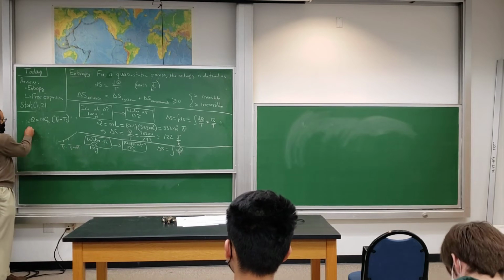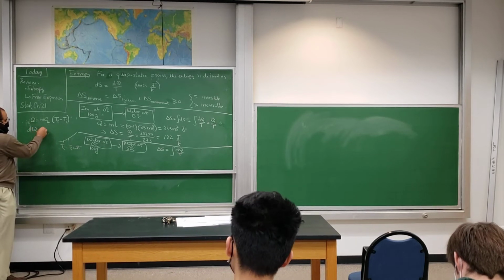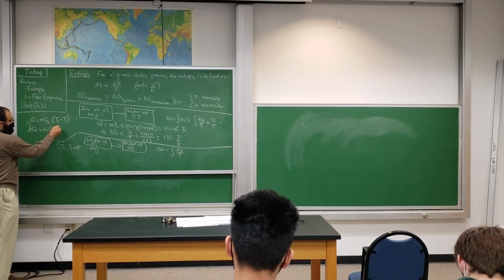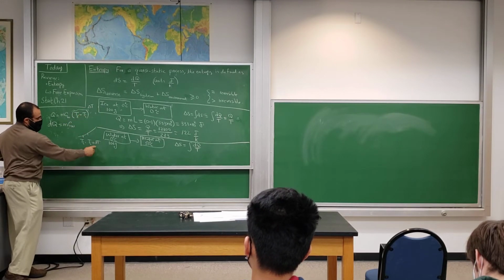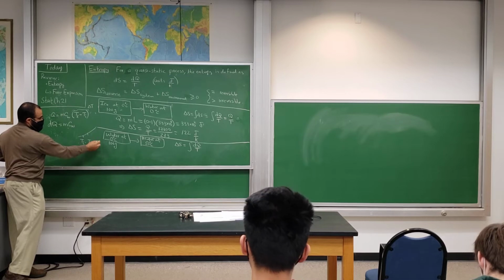The amount of heat I would call dQ, and it is equal to m c w times delta T. So in the limit as delta T goes to 0, that's dT.